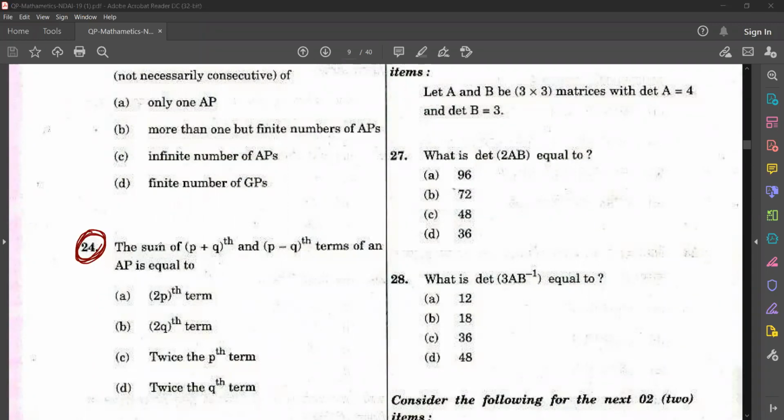Sum of the p plus q and p minus q terms of an AP is equal to twice the p-th term, twice the q-th term. Sum of the p plus q and p minus q-th terms of an AP. So please try, all of you, and comment your answers.